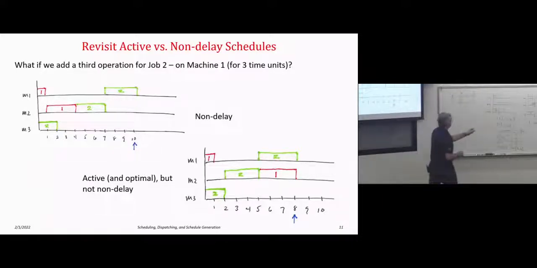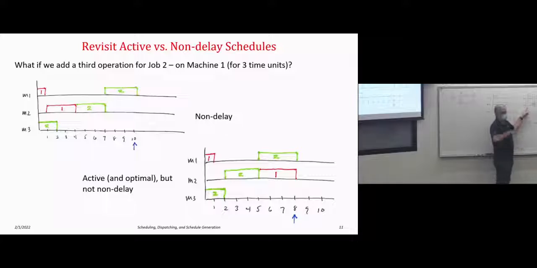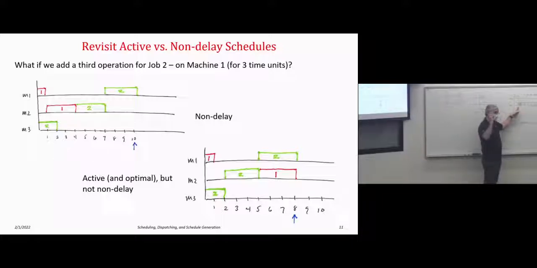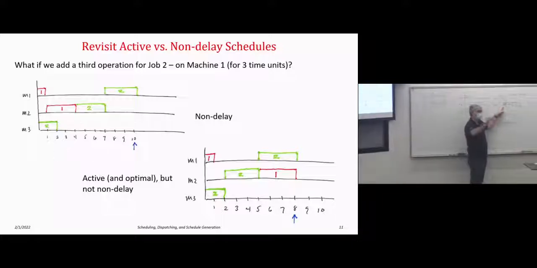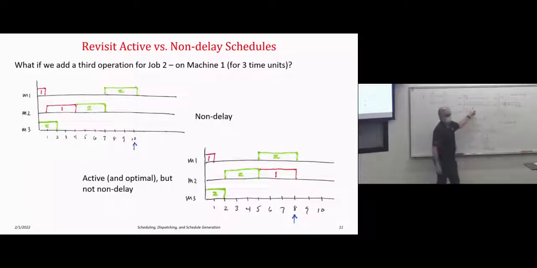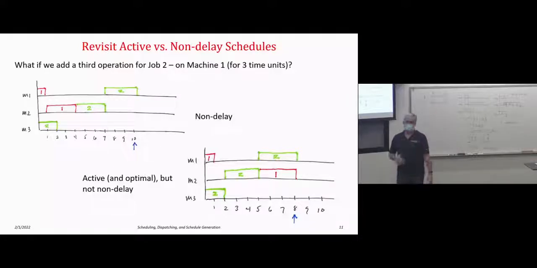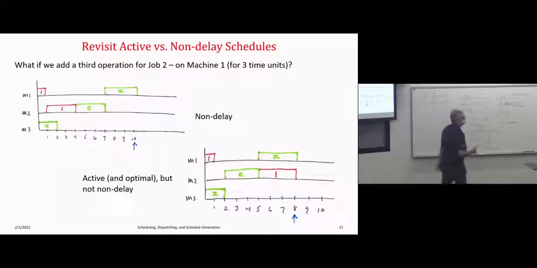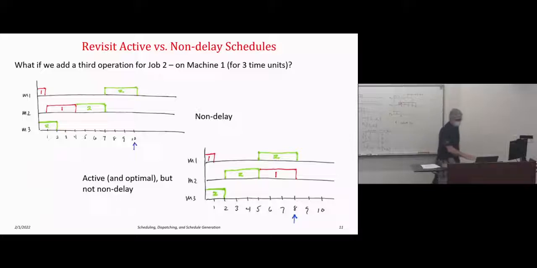Well, here at time 0 on machine 2, nothing's available. I have nothing to do. At time 1, something becomes available. So from a dispatching rule standpoint, select the best thing available. Well, there's only one, so I select it. That's how I get a non-delay schedule. Okay? And we're going to see that over and over.